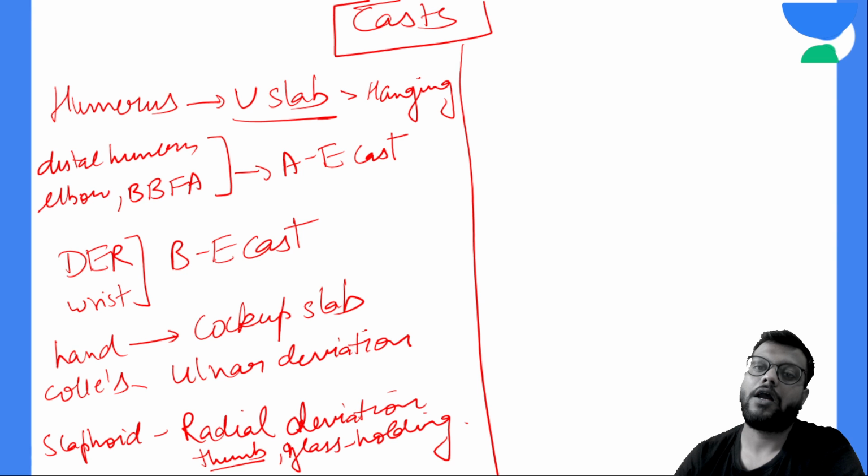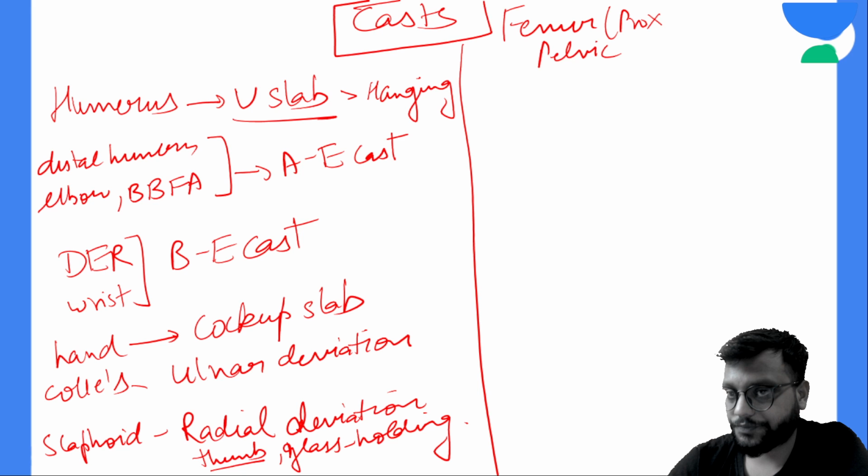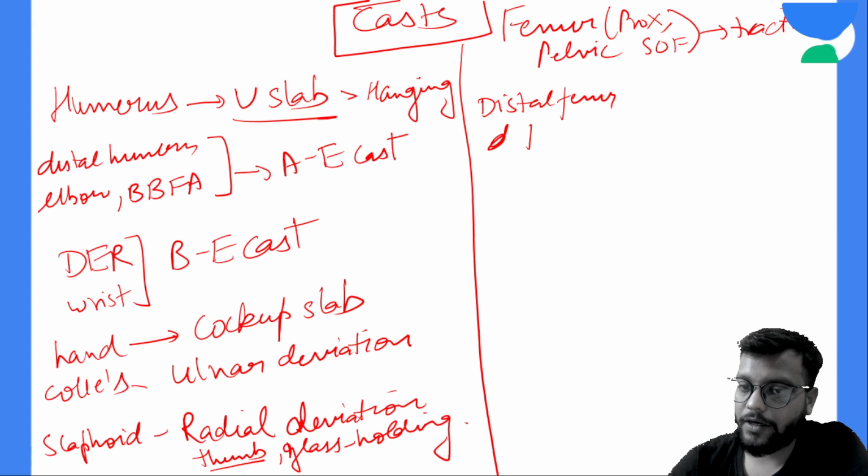Okay, now in case of femur fracture, that is proximal neck, IT, or the pelvic fractures or the shaft of femur fracture, you go for the traction, no cast. For the distal femur or any tibia or fibula, you go for the above knee cast.